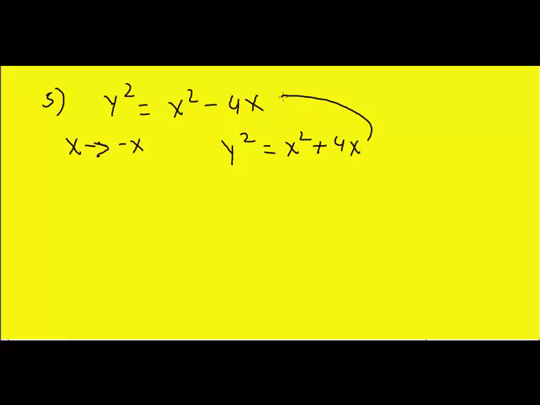Okay, number 5. y squared is equal to x squared minus 4x. We're going to replace x with the negative x. When you do that, you're going to get y squared is equal to x squared plus 4x. Is this same as that? Is it opposite of that? No. If it was opposite, it would mean the negative of x squared minus 4x.